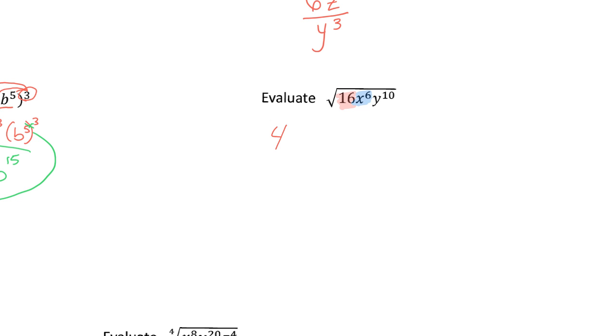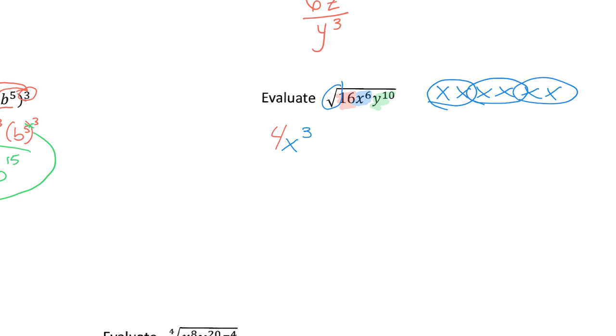How many pairs of x do we have? So I'm going to write all my x's out and find the pairs. 1 pair, 2 pairs, 3 pairs. So I have 3 pairs of x. If we had any left over, it would go back inside my square root. I don't have any left over though.